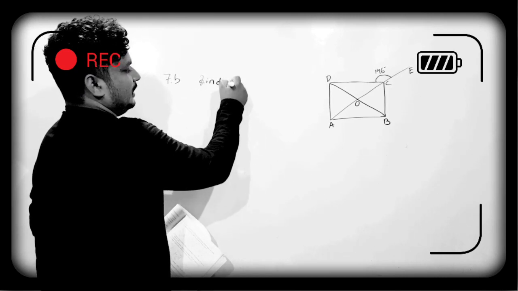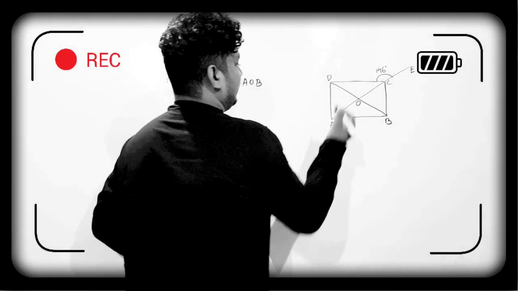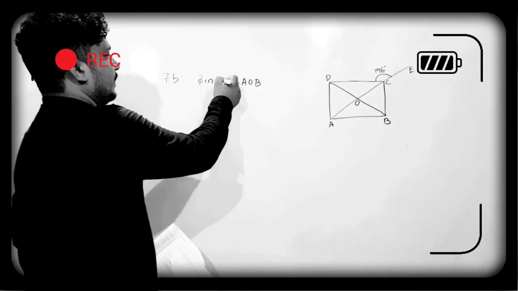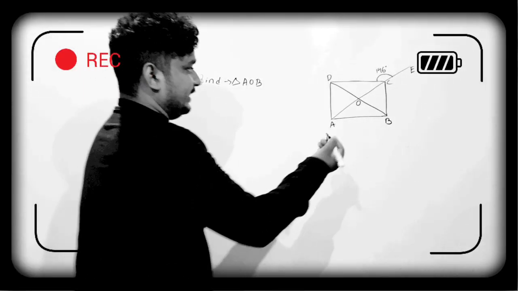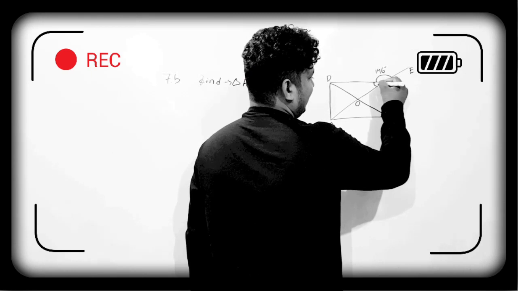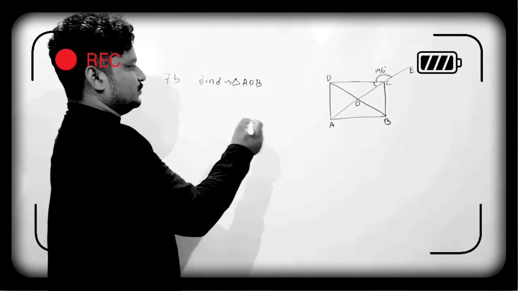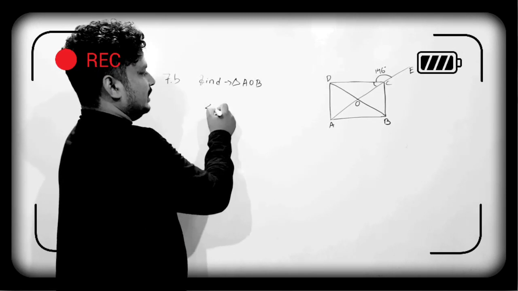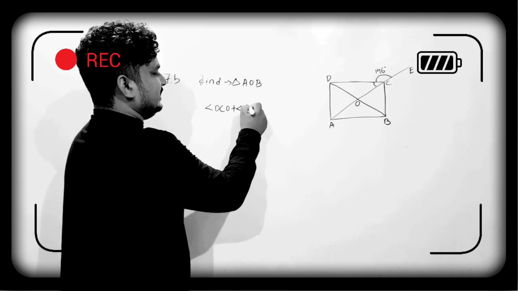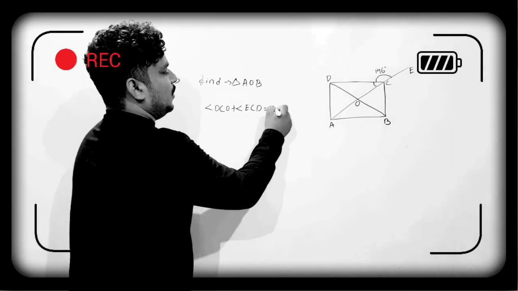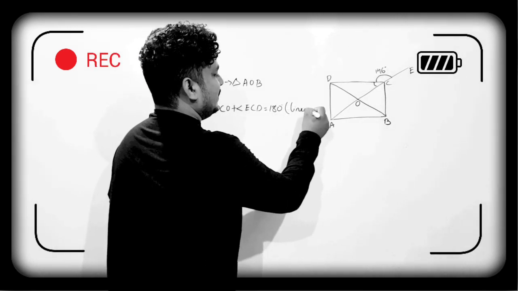Find the angles of triangle AOB. We need to find this particular angle. So how to proceed with this question? Here we know that the sum of this angle and this angle will be 180 degrees as a linear pair. So we can write that angle DCO plus angle ECD equals 180 degrees. In brackets we write linear pair.